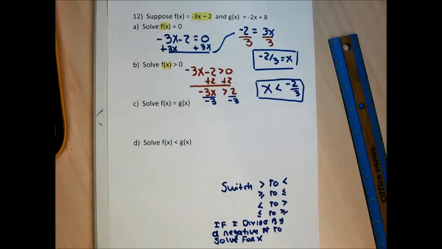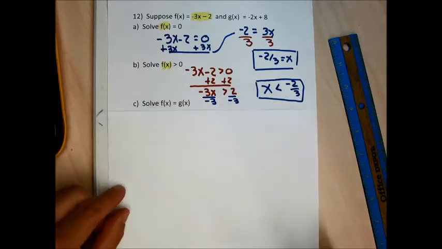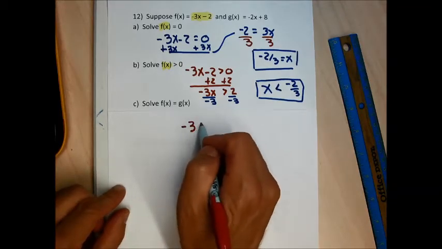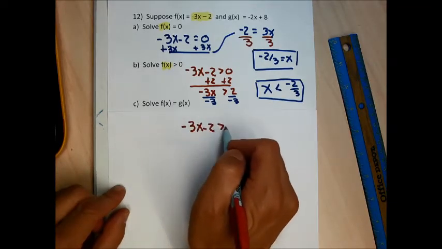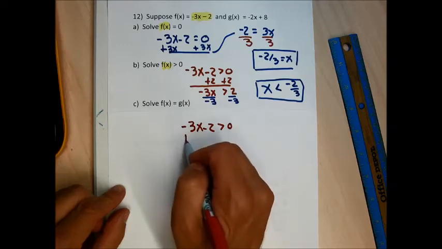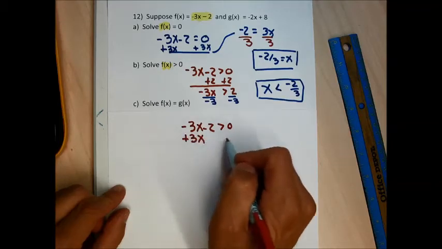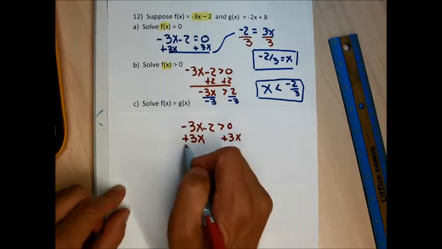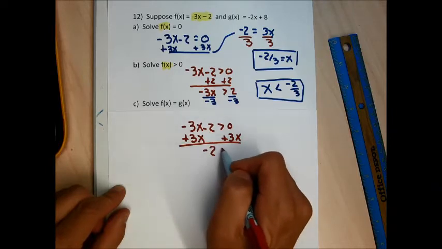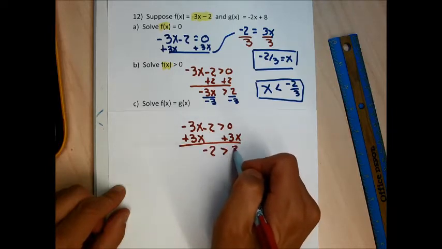I could have solved that similarly to how I solved part A. If I would have said minus 3x minus 2 is greater than 0, if I would have added 3x to both sides, that would give me minus 2 is greater than 3x.